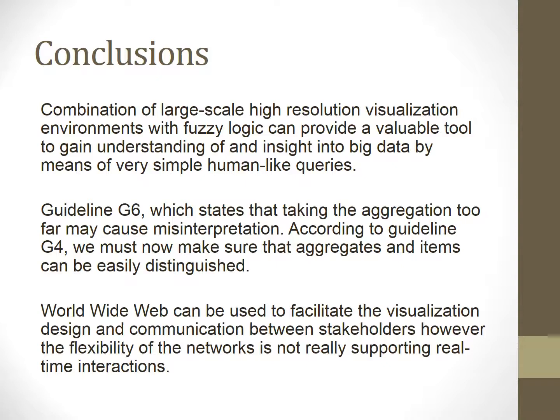The guideline G6, interpretability, states that aggregating too far might cause misinterpretation. According to guideline G4, discriminability, we must make sure that aggregates and items can be easily distinguished. So again, it's important to know the terminology of the different measures that are presented at different levels of aggregation.